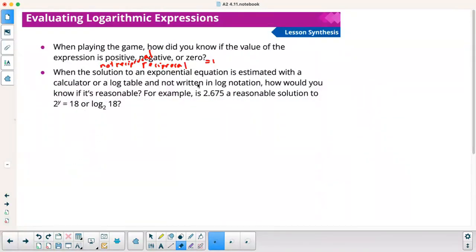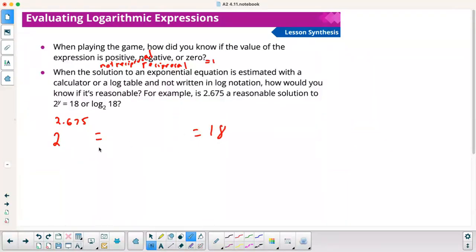So when the solution to an exponential equation is estimated with the calculator or a log table and not written in log notation, how would you know if it's reasonable? For example, is 2.675 a reasonable solution to 2 to the y equals 18, or log base 2 of 18? Well, you could plug it in, 2 to the 2.675, and see if it gets you close to 18.